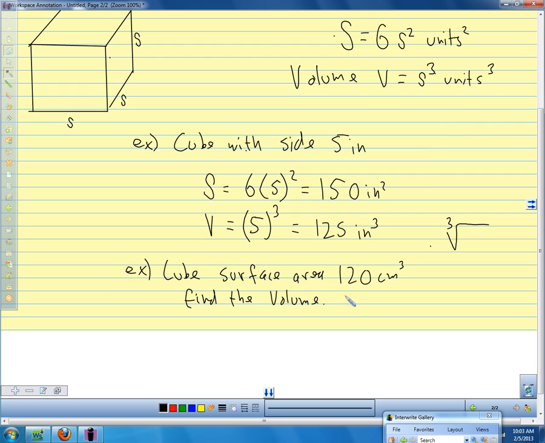When we have a problem where we have the surface area or the volume and we need to find the side length, what we need to do is plug what we have into the formula and solve for what we need.